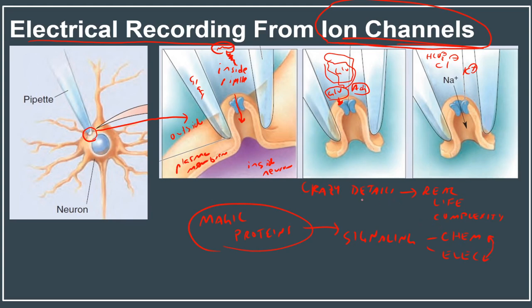Because sometimes even molecules, like bicarb, can come through these ion channels, it even gets fuzzy when you ask, what's the difference between this electrical signal and a chemical signal? Sodium ions are still a chemical signal, right? I would have to say, yeah, it is. These sodium ions are just charged sodium atoms.